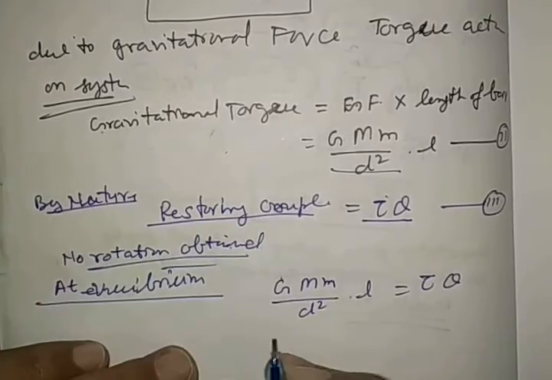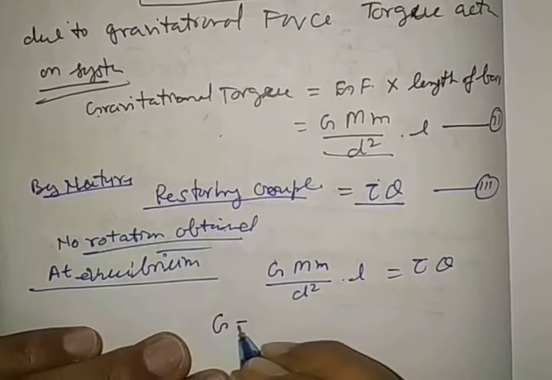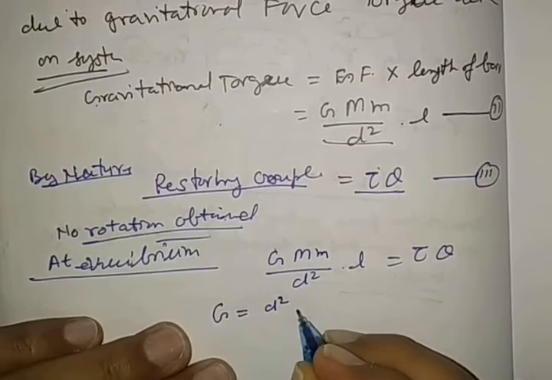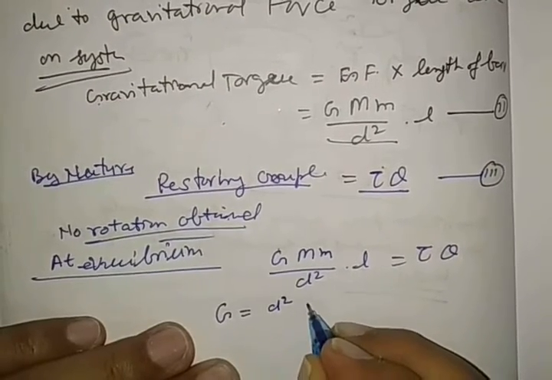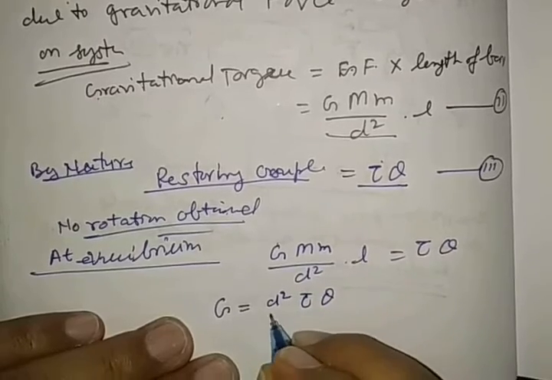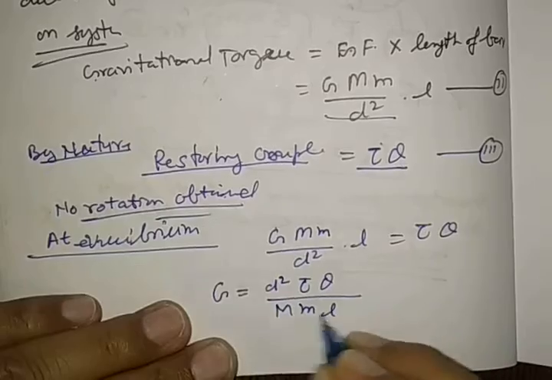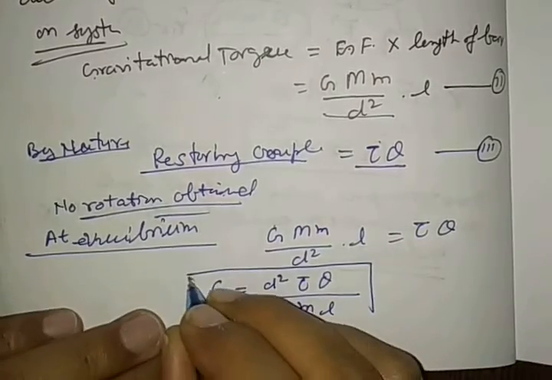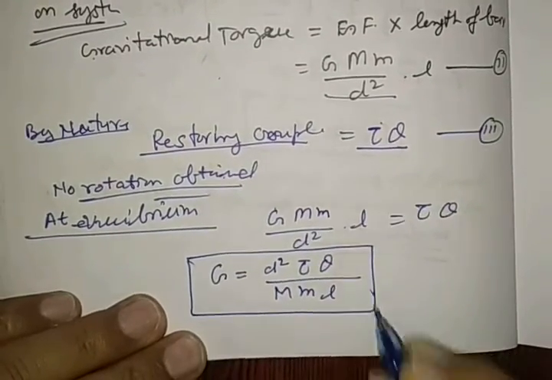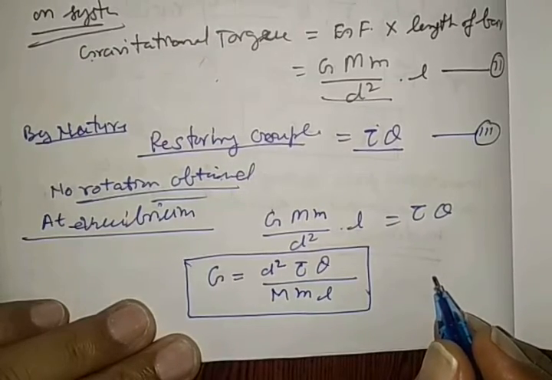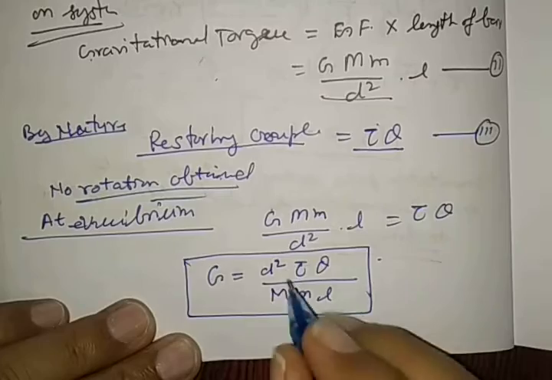By calculating these mathematical transformations, one may write G = d² τθ / (M m L). See carefully in the diagram. In this experiment, all the theoretical values are taken.